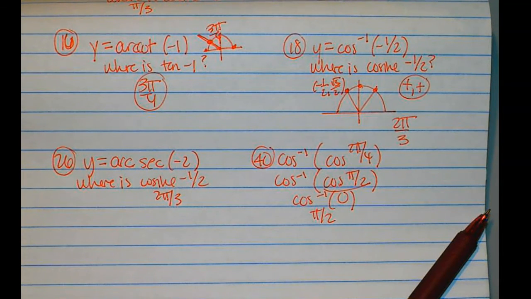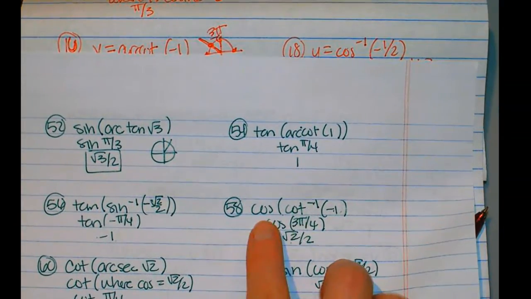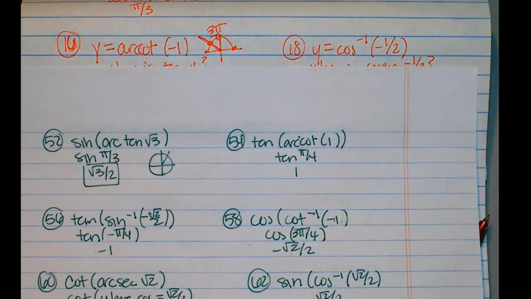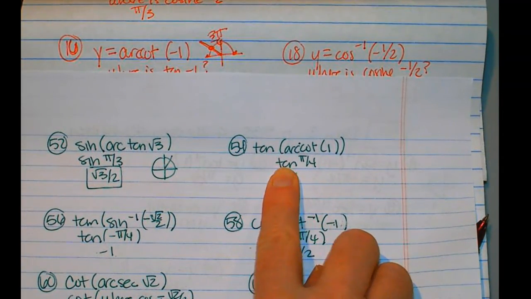Like 52 through 56, they had two different functions, like cosine and cotangent, or tangent and arc cotangent. They didn't just cancel because they were completely different. So you did have to do the inside and then work tangent on it.